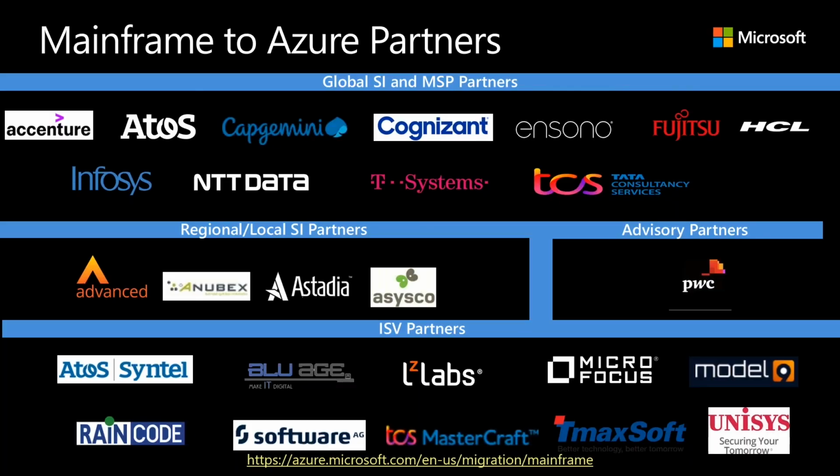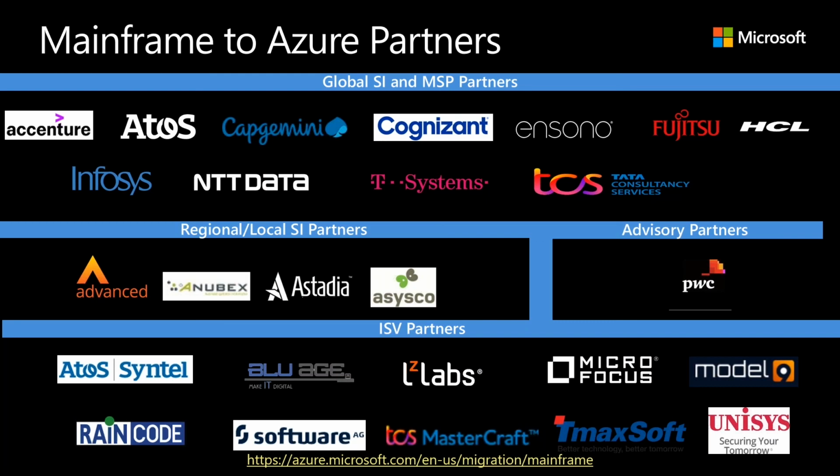And very similar to the good presentations from AWS and GCP earlier in the day, we've got a very mature partner ecosystem. These are the top partners that we engage with: global systems integrators, hosters or MSPs, regional and local partners, advisories, and ISV partners. As you're probably hearing from these presentations, this is a very small community.